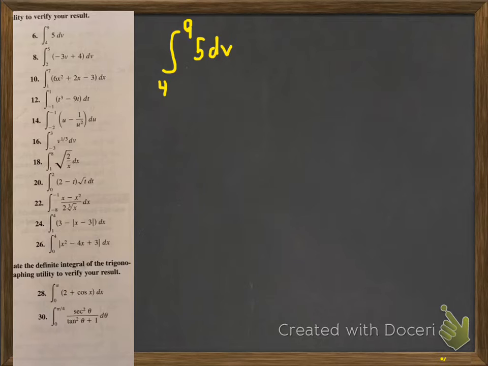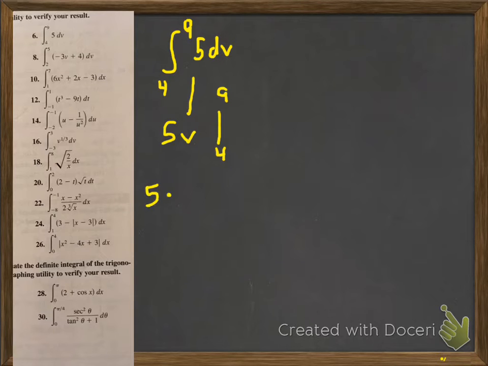So this is read as the integral from 4 to 9 of 5 dv. So the integral of 5, we first integrate, and we get 5v. That's a constant, and then we write the bounds over here. And so the integral from a to b is the integral of b less the integral of a.